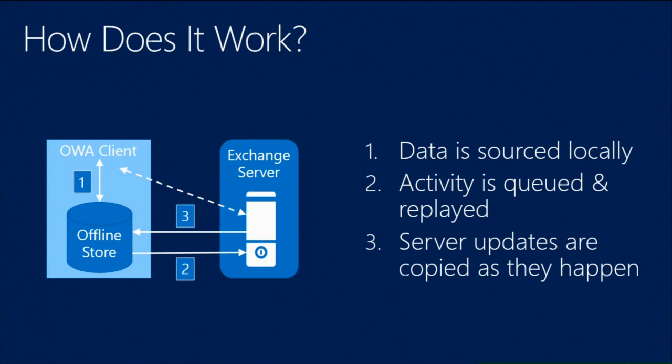So for example, if you compose a message, if you accept a meeting request, all those activities that you perform, they go into what we call an activity queue, which is all on that offline store running inside your browser. And the moment you reconnect from the client to the server, we basically replay all those items in the activity queue so that you can synchronize your mailbox between the browser and the Exchange server.